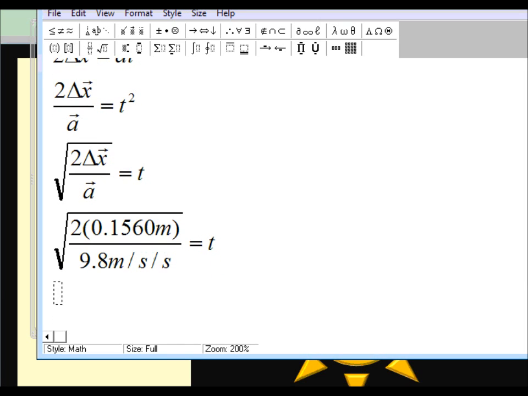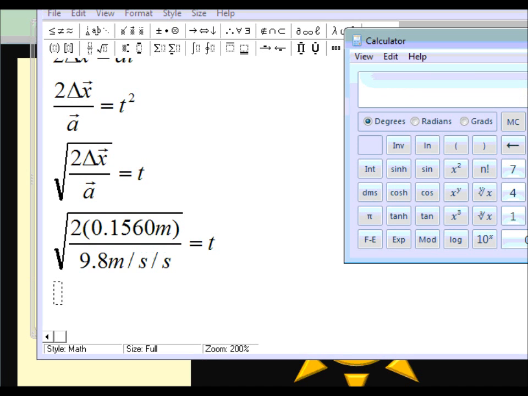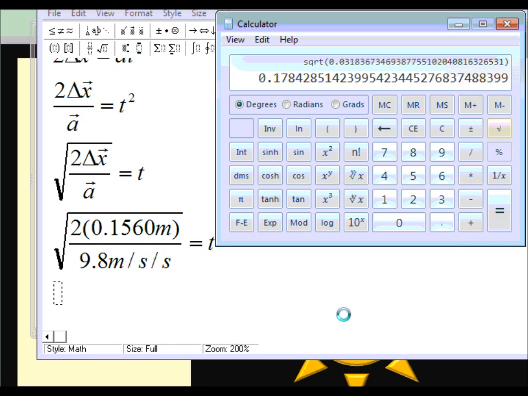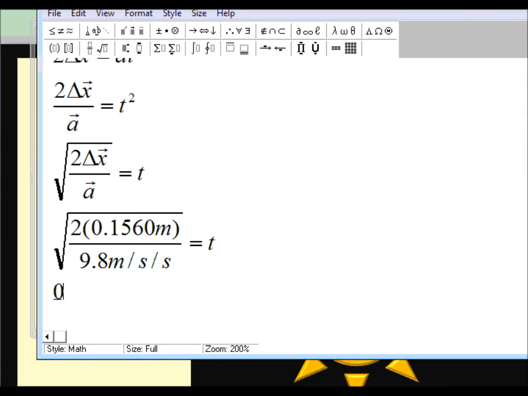Now all I have to do is plug this stuff into my calculator. So I have 2 times 0.1560 equals, divided by 9.8 equals, and then I have to take the square root of the whole thing, and I have 0.178 when rounded to 3 decimal places.